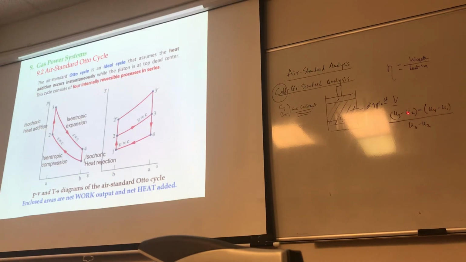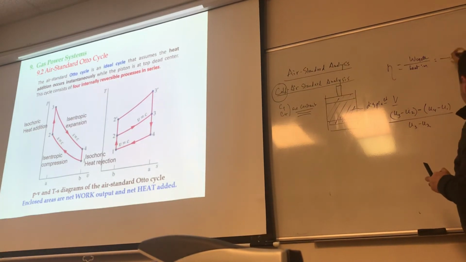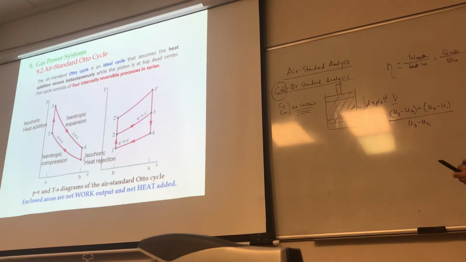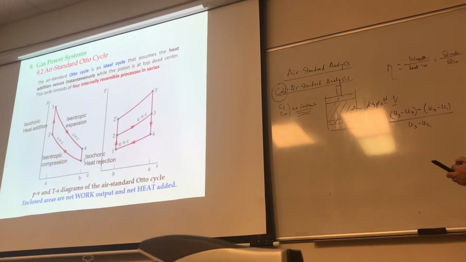And what is this? What is the work? Well, the work cycle, isn't it true that it's equal to the Q cycle? It's always the case for a closed system. But what is Q cycle? Isn't that Q in minus Q out, divided by Q in?